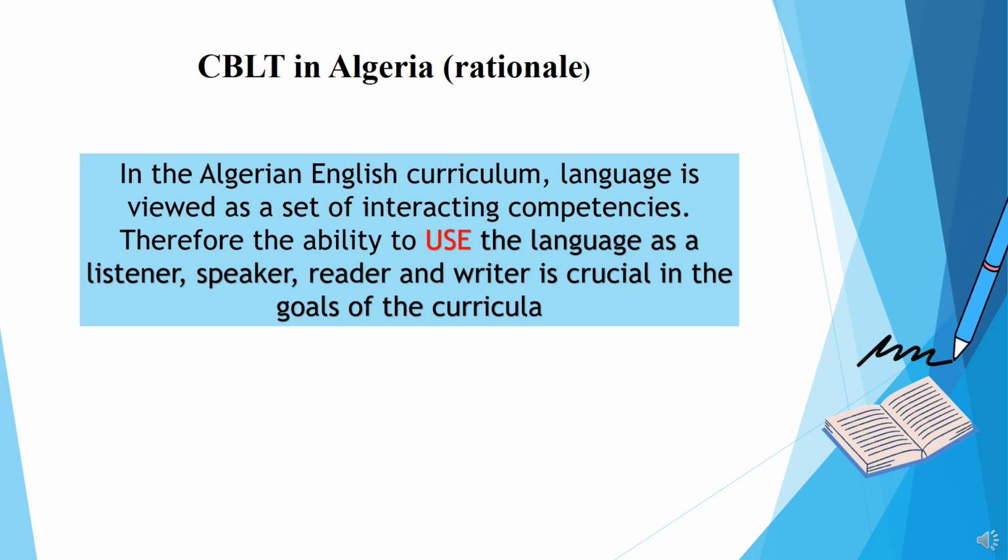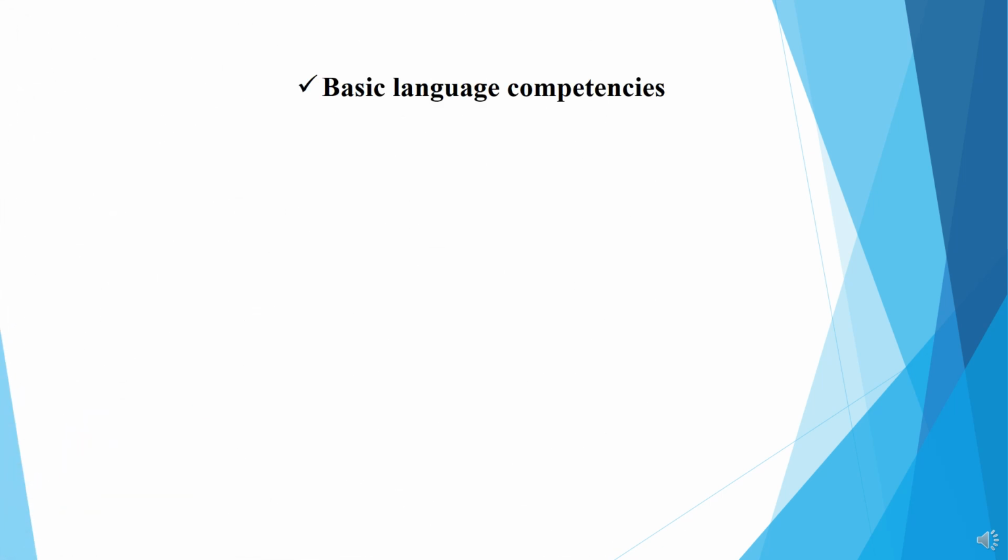In the Algerian English curriculum, language is viewed as a set of interacting competencies. Therefore, the ability to use the language as a listener, speaker, reader, and writer is crucial in the goals of the curriculum. The goals of the curriculum are stated in the form of competencies.